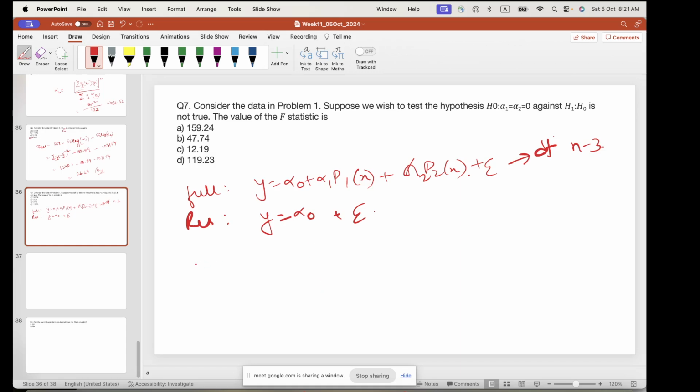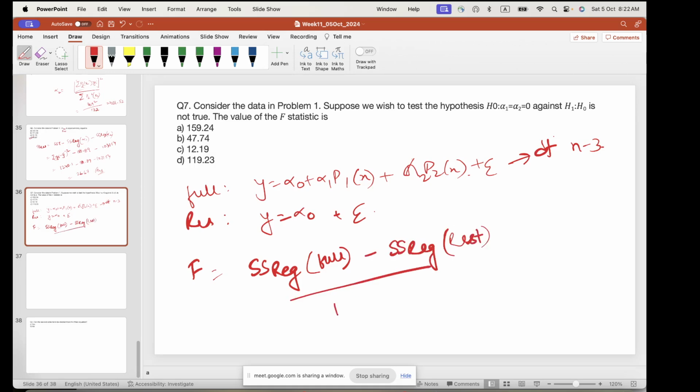Okay, so F statistic is SS regression for full model minus SS regression for restricted model, by MS residual of the full model and by the number of parameters tested.